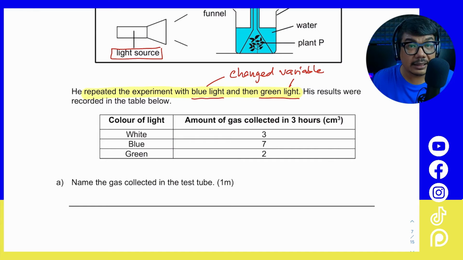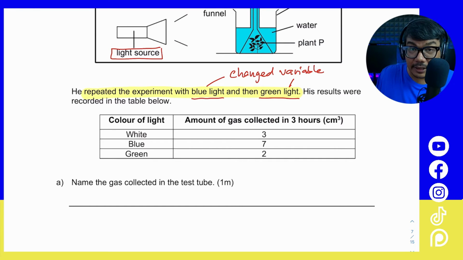In the primary school syllabus, you don't really learn about how different colored lights affect photosynthesis, but you do learn about how the amount of light affects photosynthesis. If a question like that comes out, they would give you a table with the results, and you would need to analyze the results and infer from them to attain your answer.